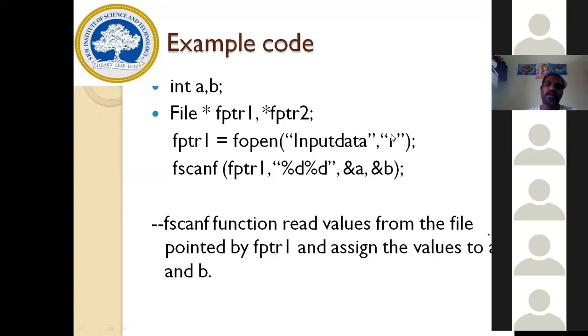So this read mode is going to read the a and b values and assign them. Let's say a is assigned 10 and b is assigned 20. So by using fscanf you can read the data and assign values to the local variables a and b.